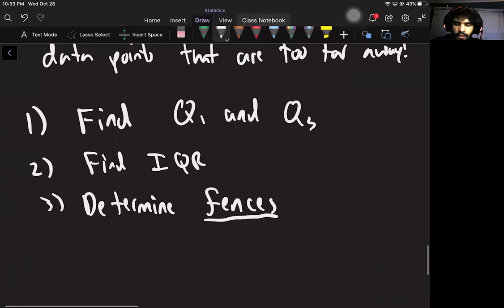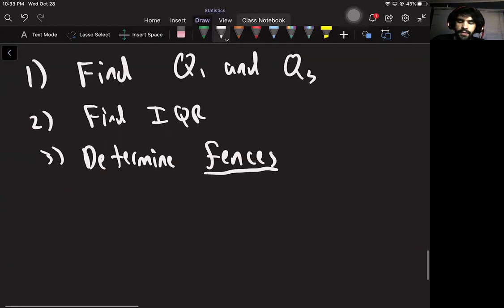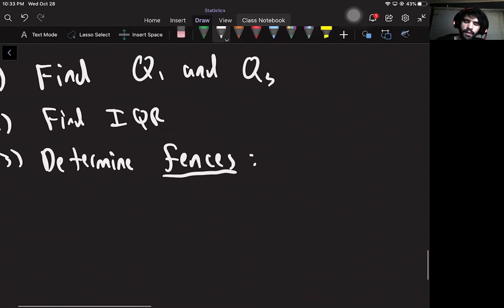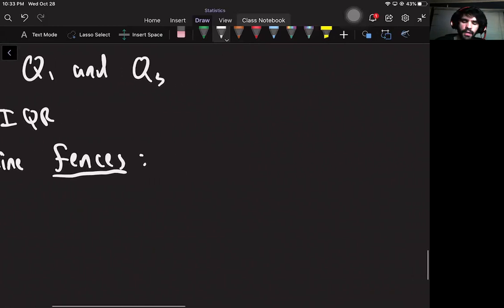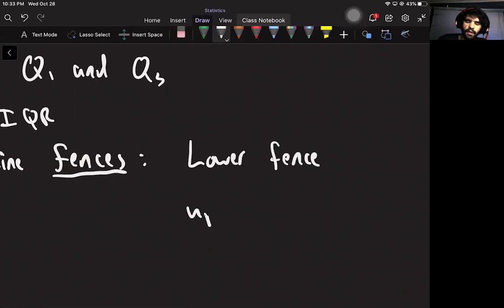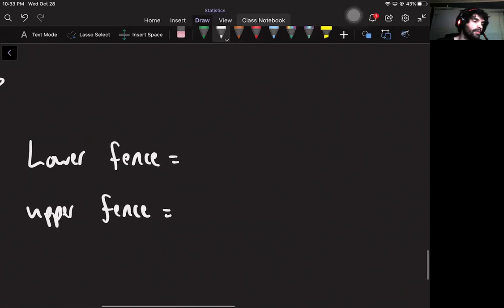It creates a border that says things are too far away or not, and this is what helps us determine outliers. We get the lower fence and the upper fence, and it doesn't matter what order you do it in. One is a lower bound and the other is an upper bound.